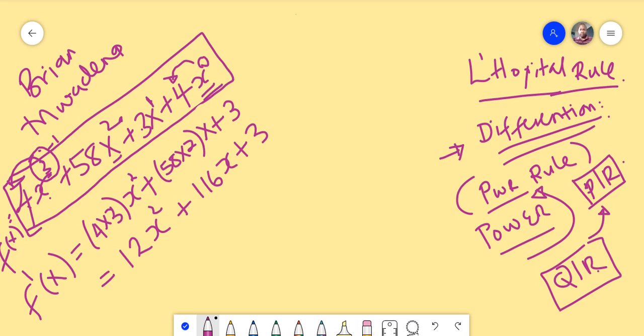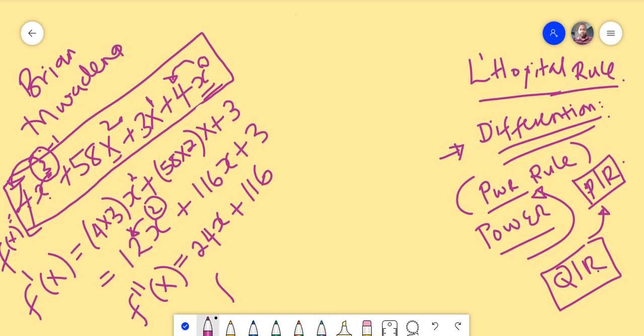If we take the second derivative, f double prime of x means you are differentiating this first derivative again with respect to x. So this one will be 24, and the power will be 1, so it will be 24x plus 116, then this will remain 116, and then this is a constant, so it will be 0.